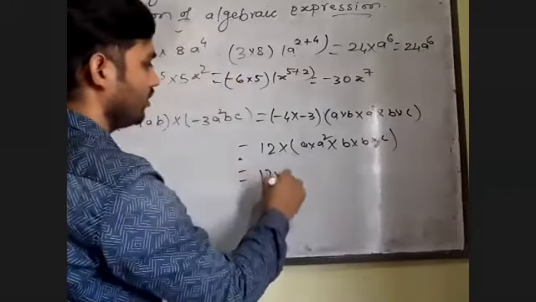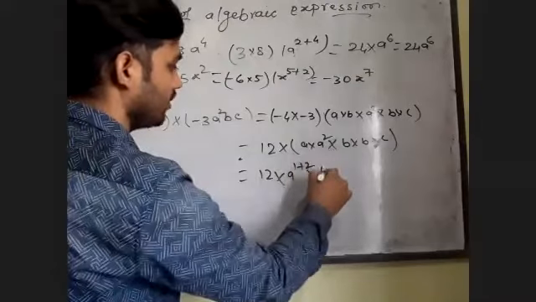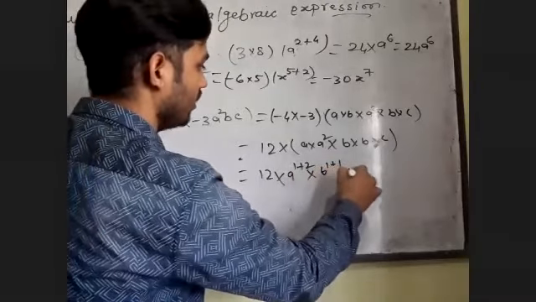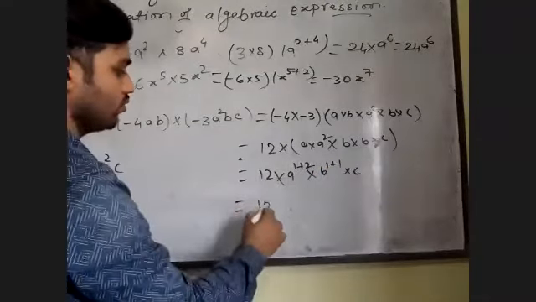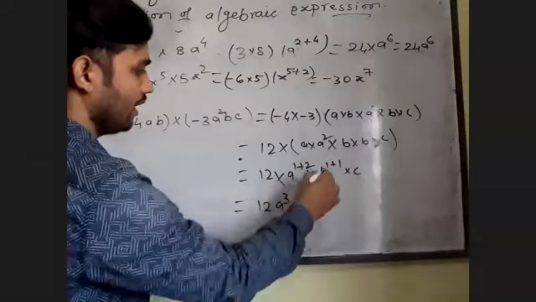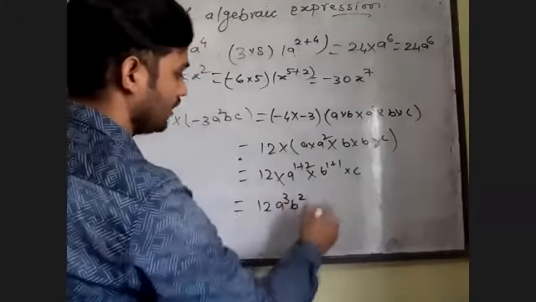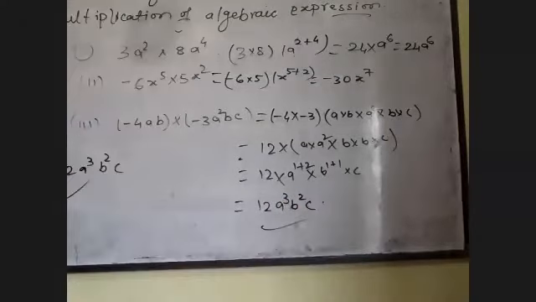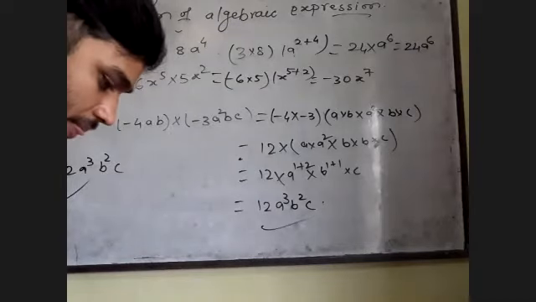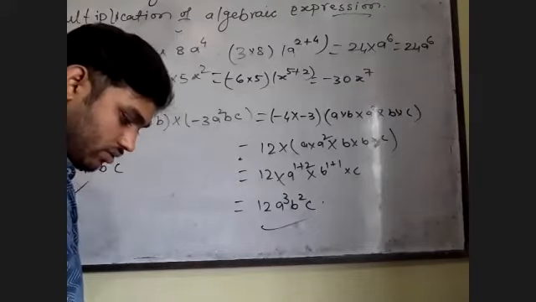Or 12 into a to the power 1 plus 2 and b to the power 1 plus 1, that is 12a to the power 3, b to the power 2, c. This one is the right answer. Next question.